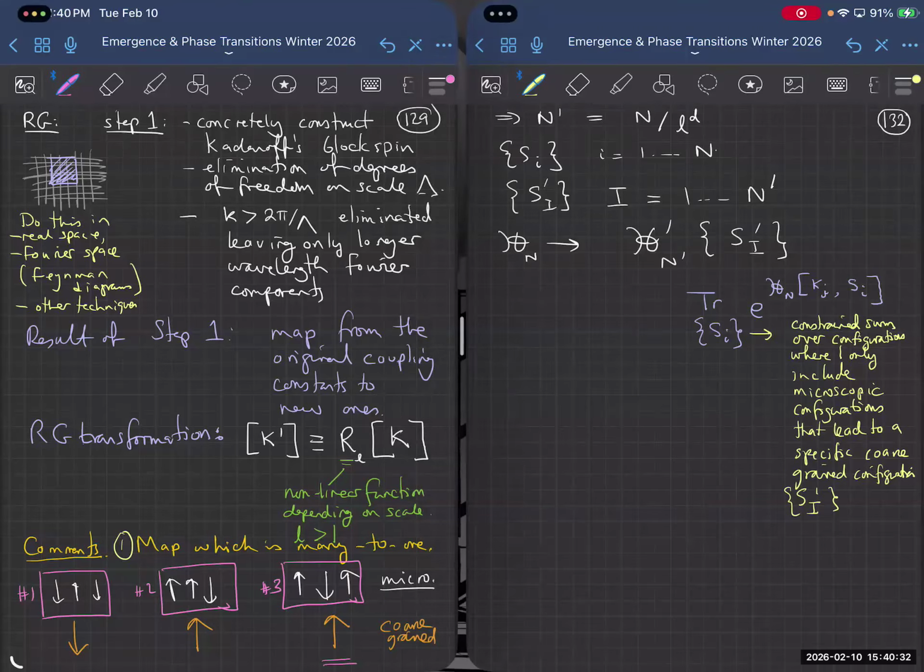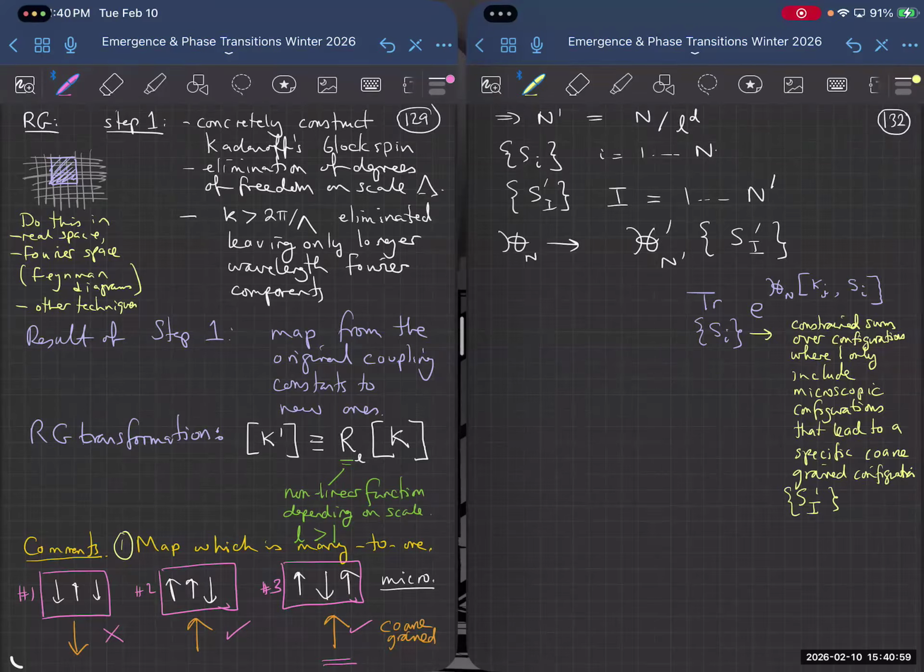So I only know that the coarse-grained configuration is up, but there are, in this example, 2 or 3 microscopic configurations that are consistent with it. So I average only over microscopic configurations that are consistent with the up spin, so this one, and I don't do this one over here.